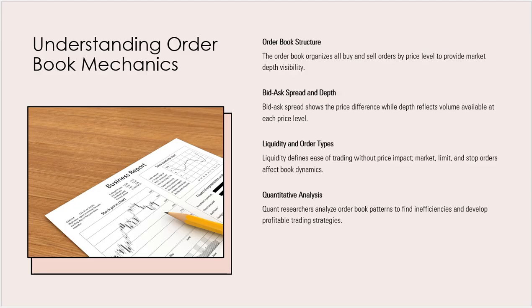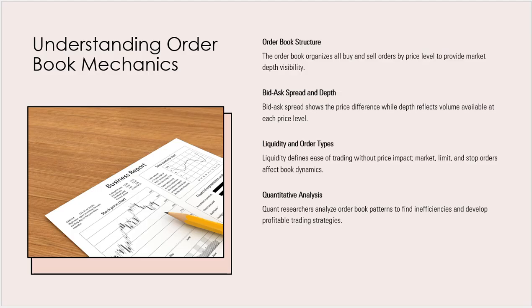Liquidity, defined as the ease of executing a trade without significantly impacting the price, is another critical factor. Various order types such as market, limit, and stop orders influence how trades are executed and how the order book evolves. Quant researchers analyze these dynamics to identify patterns and inefficiencies that can be exploited for trading strategies. So that's the understanding of the order book mechanism.